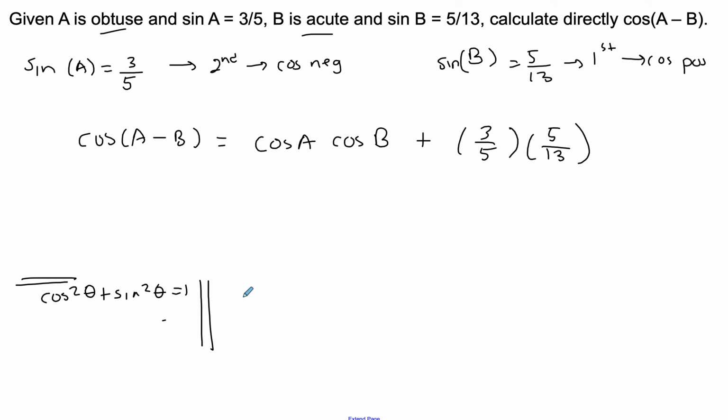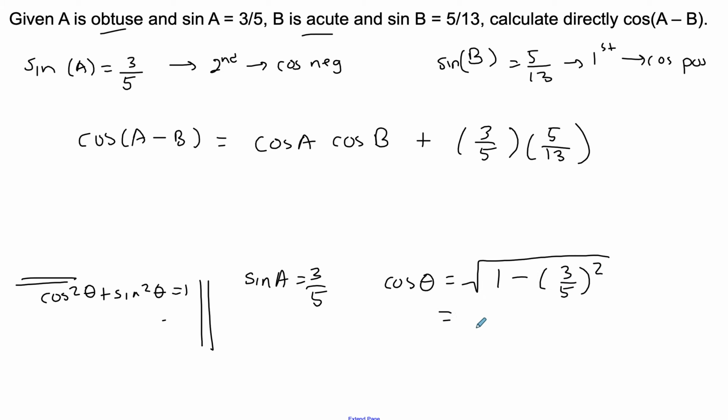So if I have that sine A is 3 over 5, then cos theta, if you follow from the other video, it's going to be the root of 1 minus 3 over 5 squared. And if I get the answer to that, it's going to be 4 over 5. Now, 4 over 5 is the value of cos in the first quadrant.